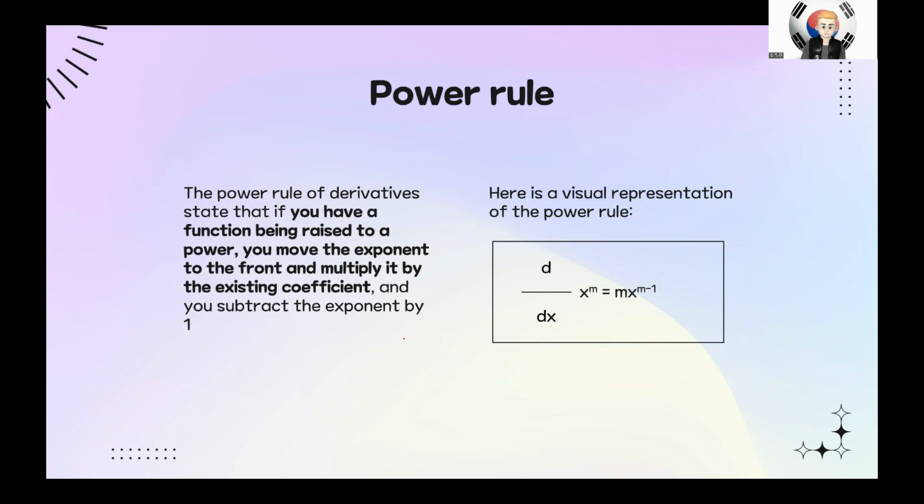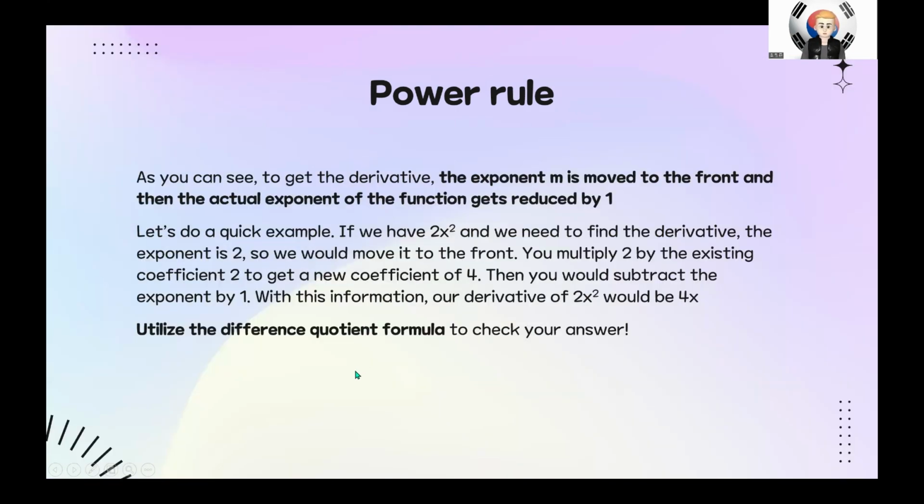So, as shown here, d/dx of x^m is m x^(m-1). Okay, let's go to the next slide and learn about the second power rule. As you can see, to get the derivative, the exponent m is moved to the front, and then the actual exponent of the function gets reduced by 1.